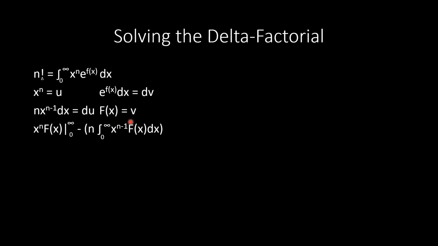We have x to the n, big F of x at the limits, minus n times the integral of x to the n minus 1, big F of x dx.